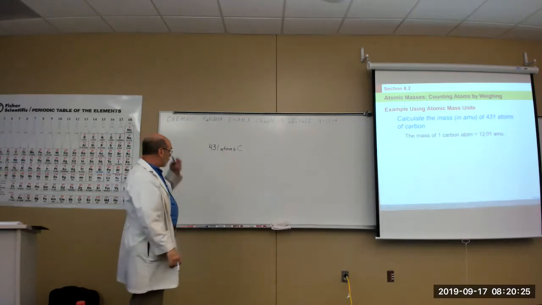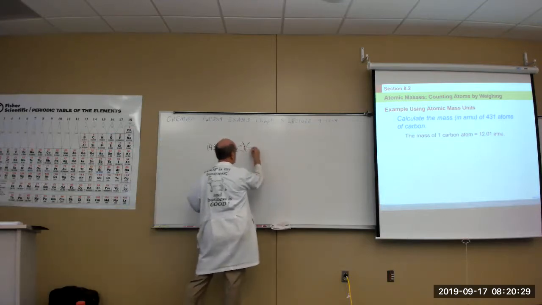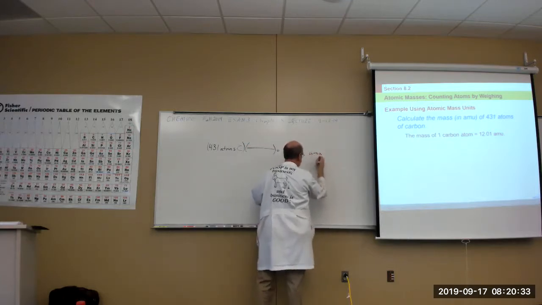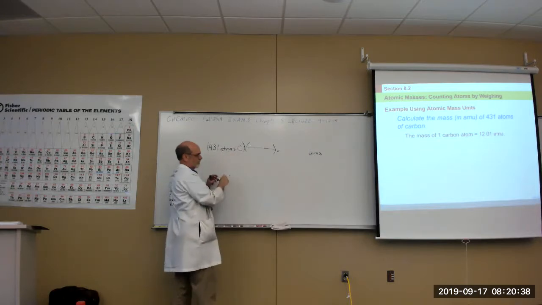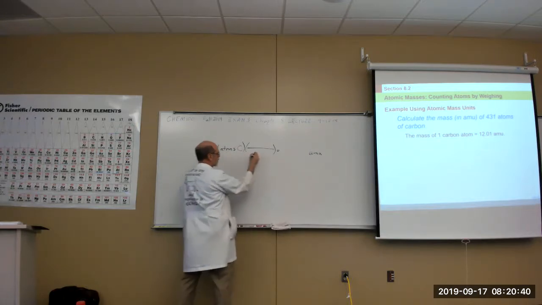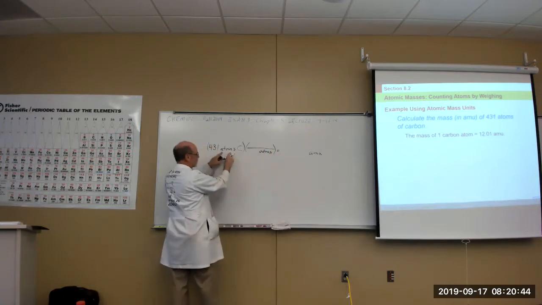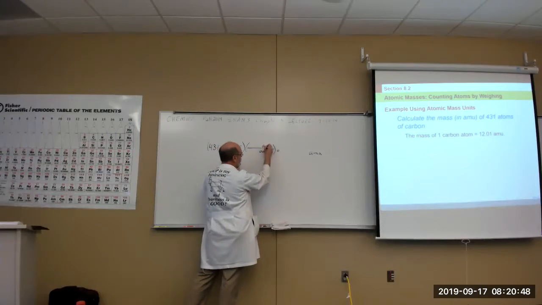Right? So what we need is a conversion factor, because we're headed to here. We want our units to be atomic mass units, not atoms. So we need a conversion factor that will cancel the atoms. Remember, this is in the numerator, that's in the denominator, and leave us with atomic mass units.